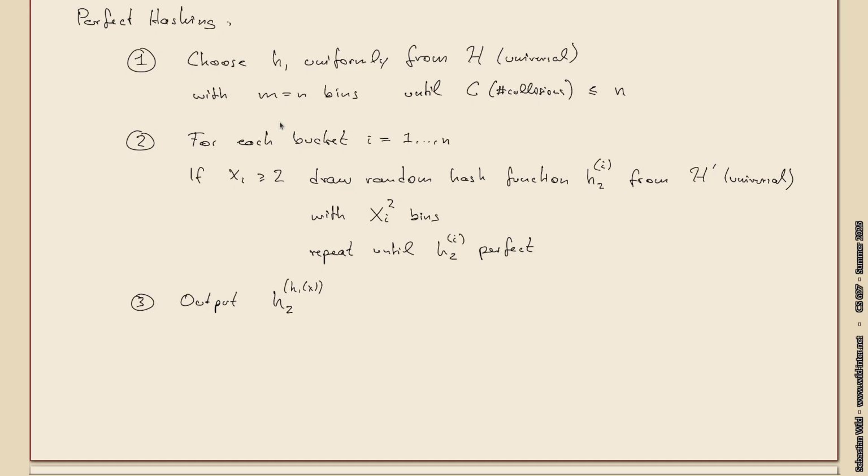Now we have to show 2 things: that it succeeds with good probability, or the number of repetitions is reasonable, otherwise it would run forever. And we have to show that the number of repetitions is small, and we have to show, not confuse that with the algorithm steps, that the space usage isn't too big.